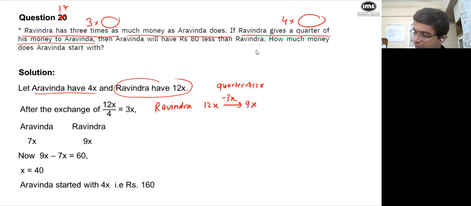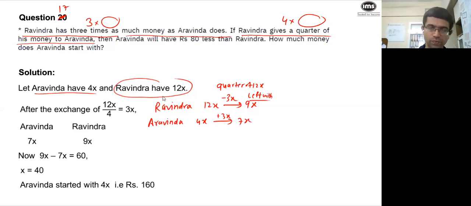He will be left with 9x. On the other hand, Arvinda, who started with 4x, has got 3x additional now. So he is left with 7x. Right? So Ravindra gave away 3x, Arvinda received 3x.